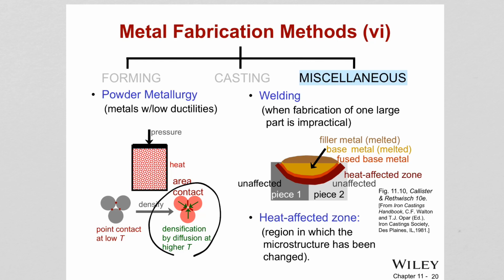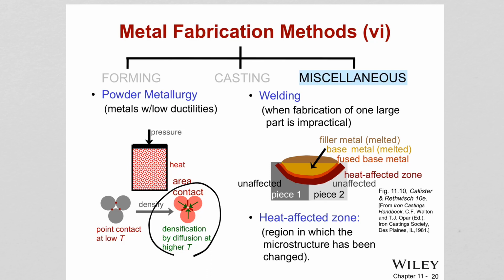Okay, so there is another technique here. Welding, and you guys are familiar with this, I'm sure. If it's a large part, then fabrication of the whole part at once might be difficult. Therefore, you produce two different pieces and then weld them to each other. During the welding, a filler metal is used to connect the two different pieces.